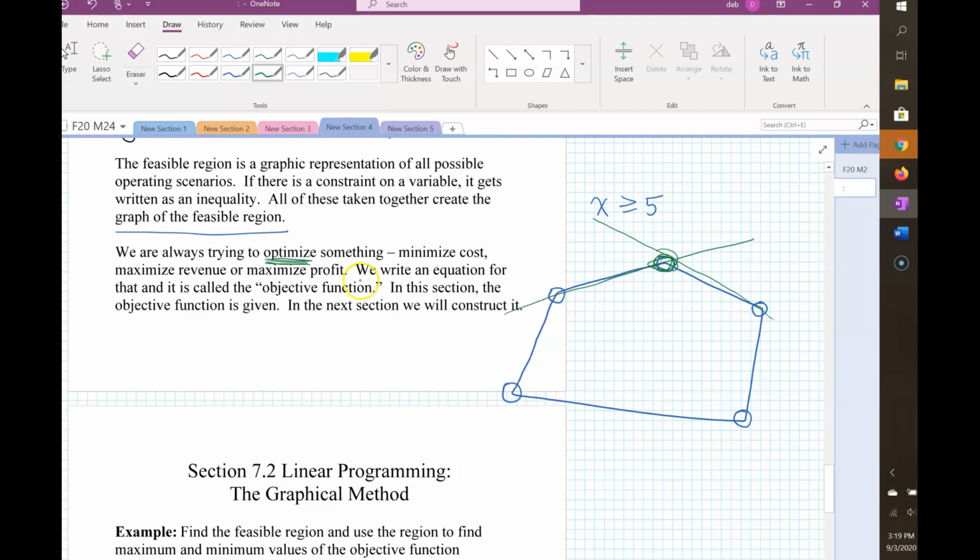So you write an equation for the thing you're trying to optimize, and that is called the objective function. So in this section, the objective function is given to you. In the next section, you're going to have to read a word problem and put together an objective function from the words of what are you trying to maximize or minimize.